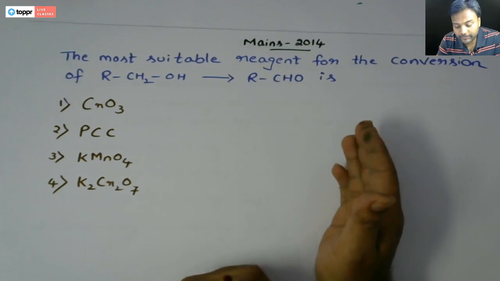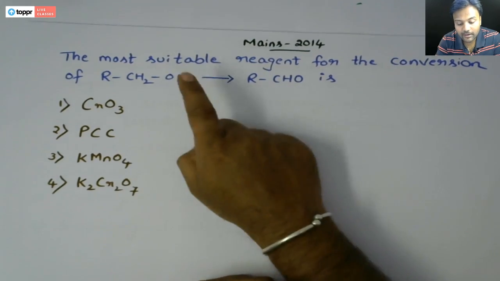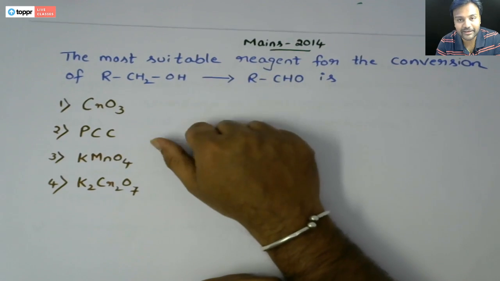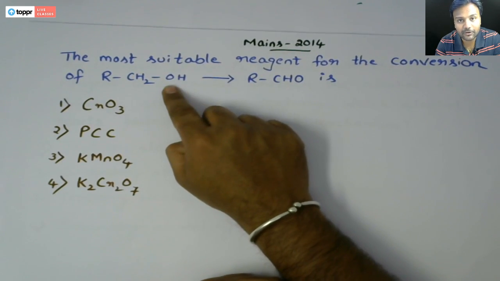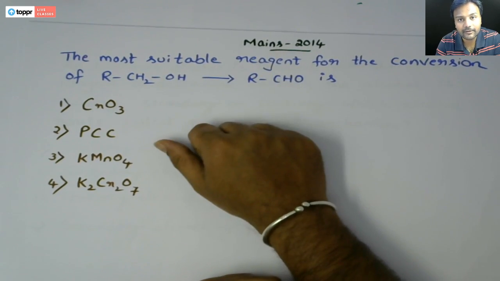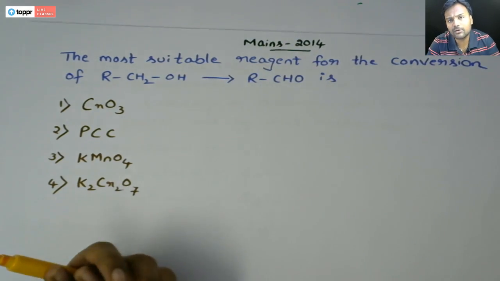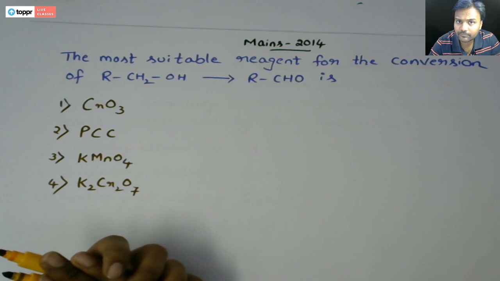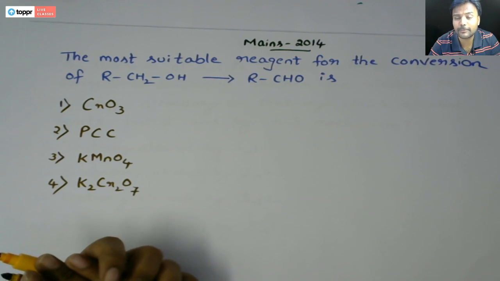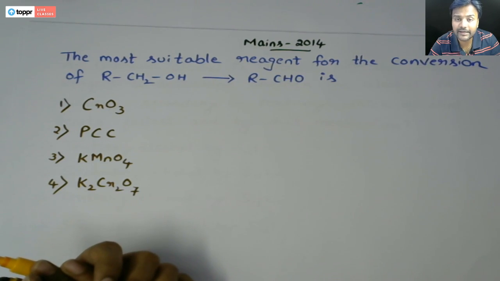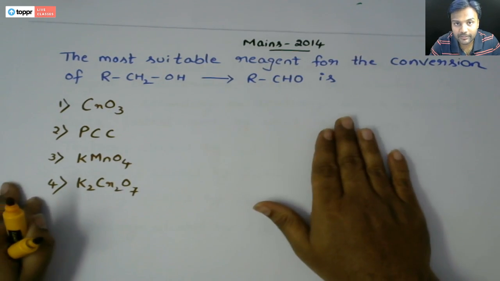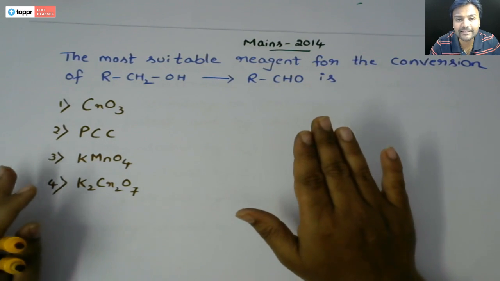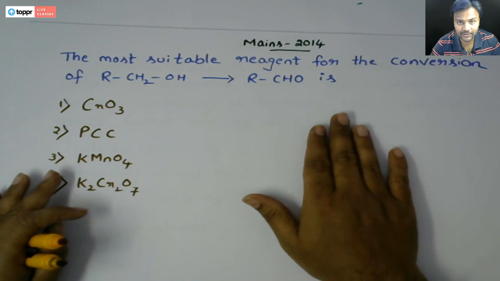The most suitable reagent for the conversion of alcohols to aldehydes. This is a primary alcohol, you get an aldehyde. How would you convert alcohols to aldehydes and ketones? Primary alcohols upon oxidation give you aldehydes. Secondary alcohols upon oxidation give you ketones. Whereas tertiary alcohols upon oxidation, no. That means tertiary alcohols are inert to oxidation.